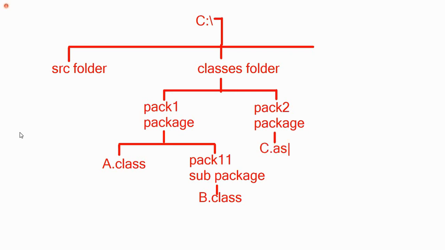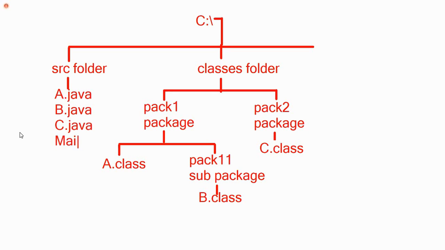Suppose in my project, 5 modules are there, 5 packages. In that, sub modules are there. Suppose 3 sub modules are there, 3 sub packages. In each package and each sub package, some classes and interfaces will be written. All .class files are here. A.java, B.java, all .java files are here.